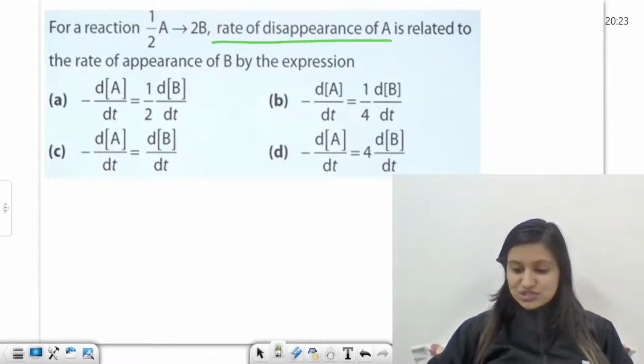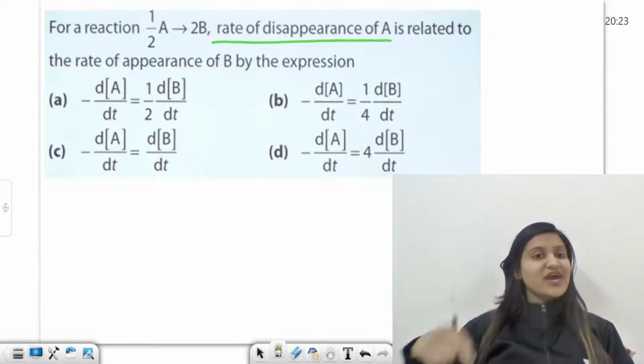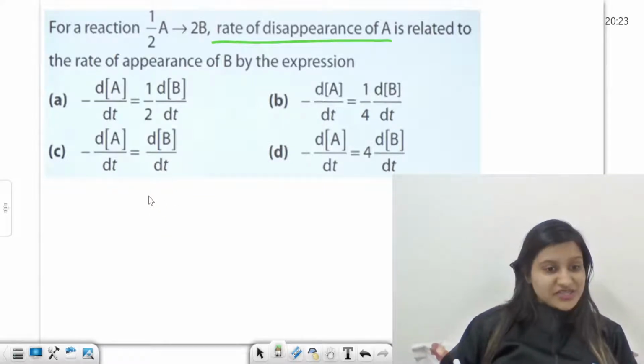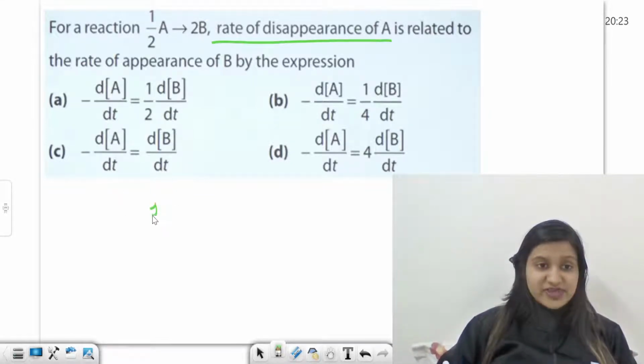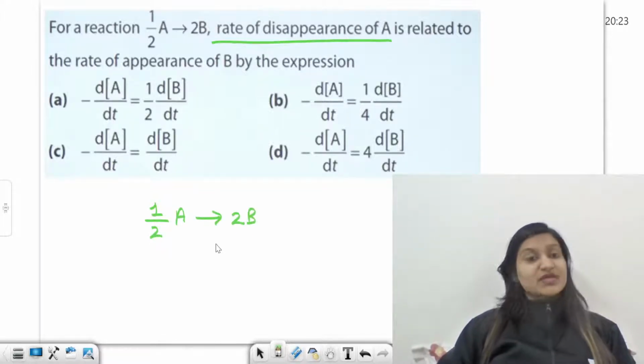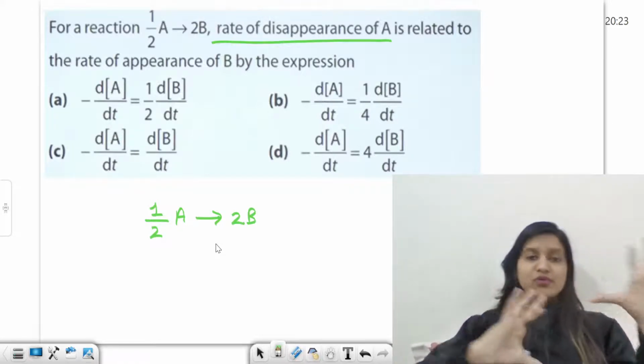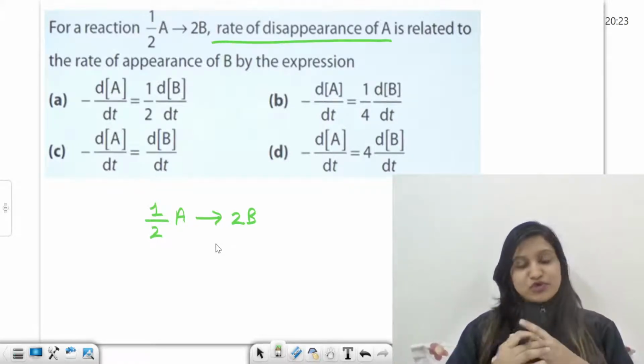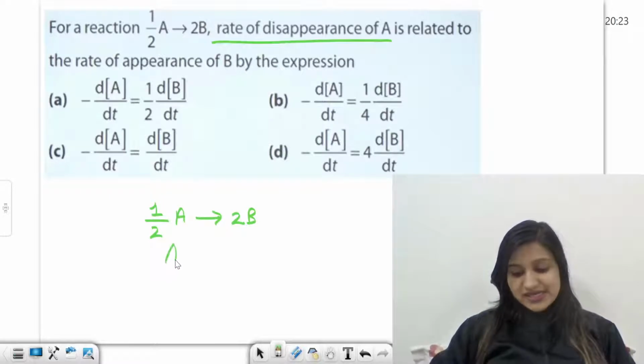So let's do one thing now. We have the expression as half A giving us 2B. If we multiply both the sides by 2, what do we get? We get A gives us 4B.